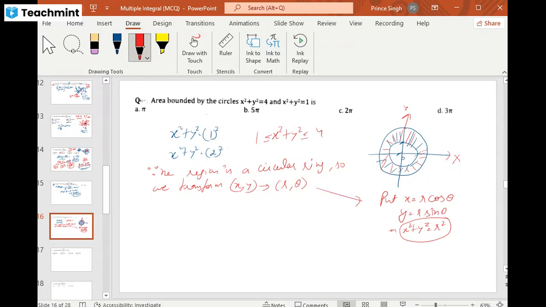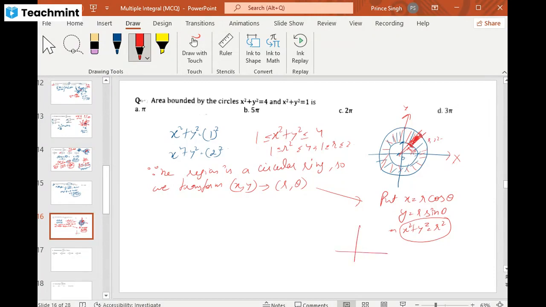Substituting, x square plus y square is r square, so r square varies from 1 to 4, and the limit of r varies from 1 to 2. Here r does not start from the origin, because I want to cover this particular area. But it is a complete circle. So this angle is theta. So what can we do here?